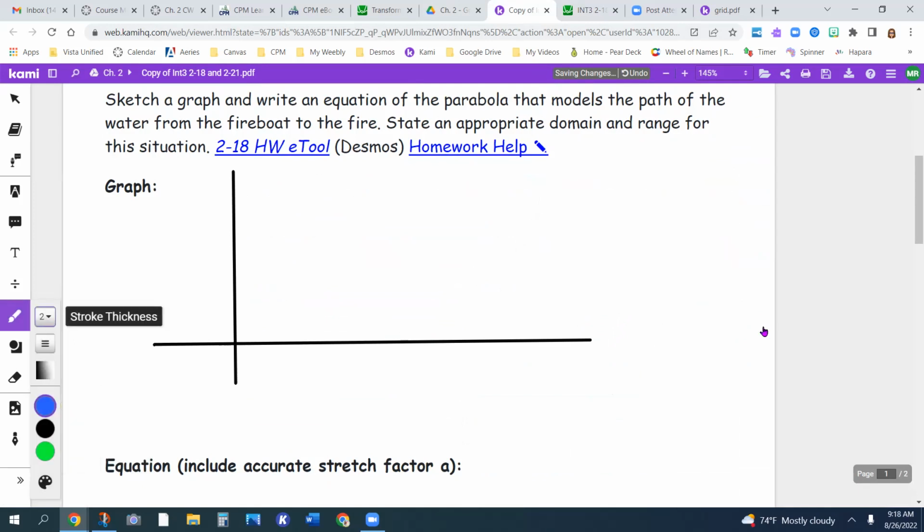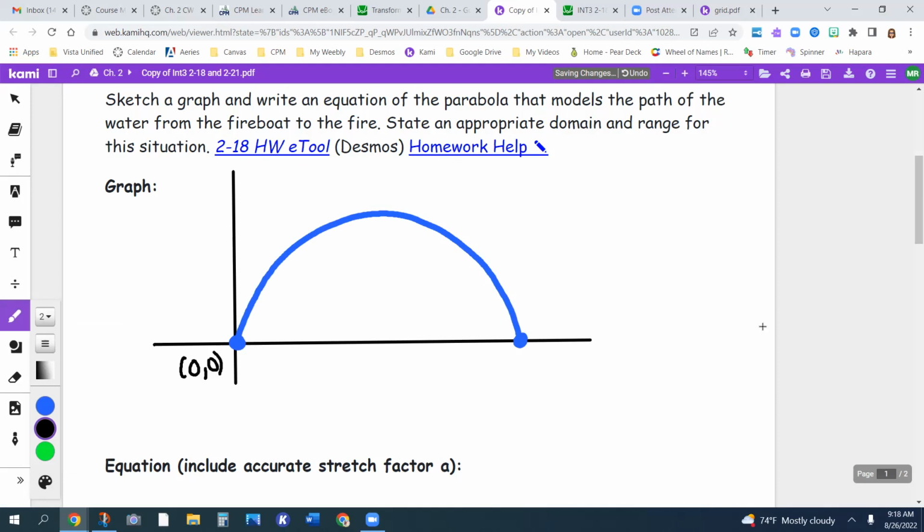So let's say I start at 0, 0. And then I have my parabola like that. Again, I could have had my vertex be on the y-axis, or I'm just choosing right now to start at 0, 0. So I am starting here at 0, 0.